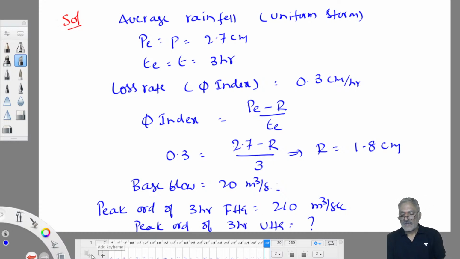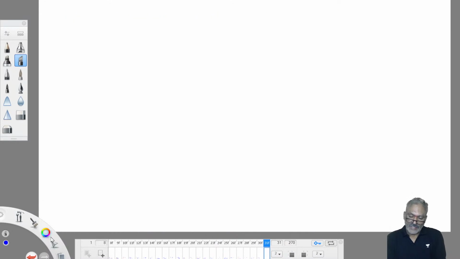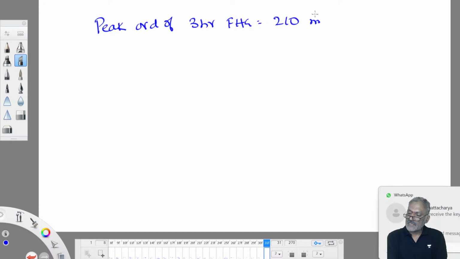Where the peak of the flood hydrograph occurs, there only the peak of the unit hydrograph also occurs. That's the meaning of time invariance. So the peak ordinate of the 3-hour flood hydrograph is 210 meter cube per second.